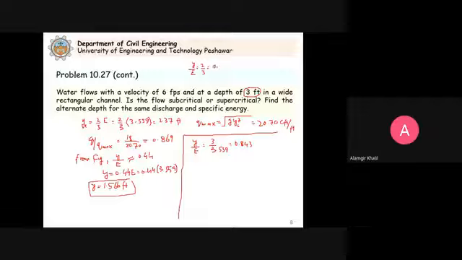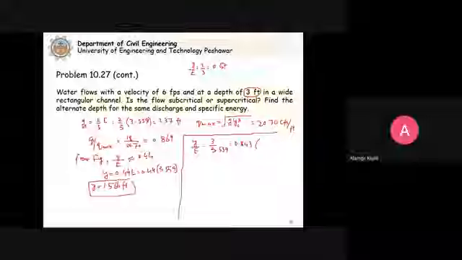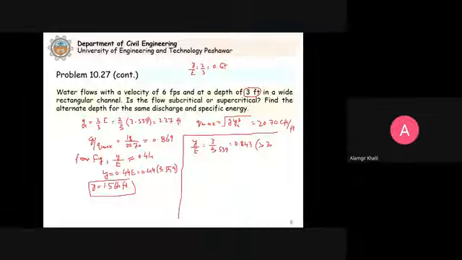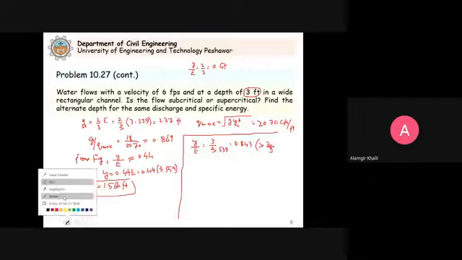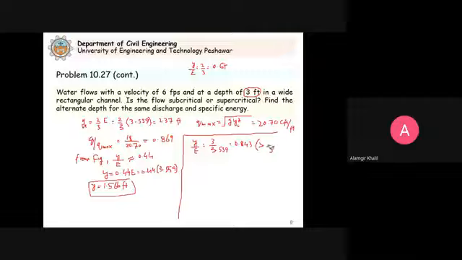If you divide this, let's say this is equal to 0.67, correct? So now this y by e is greater than 2 by 3. What we see is that this is greater than 2 by 3. Let me write down again to avoid any confusion. This is greater than 2 by 3.